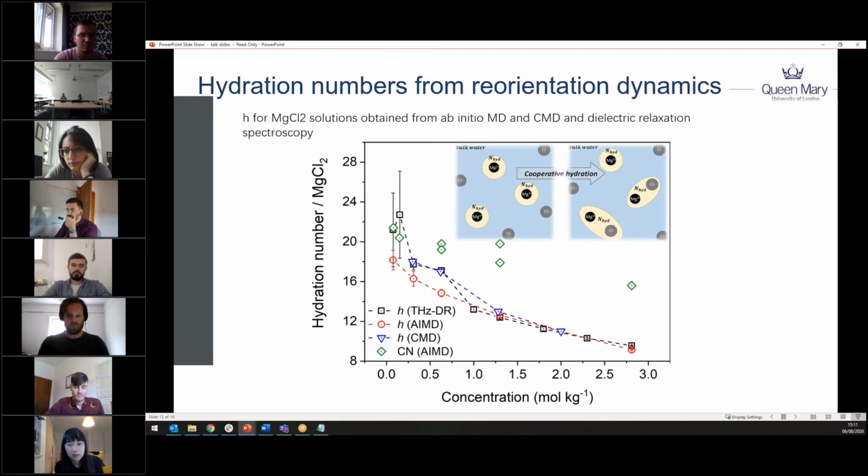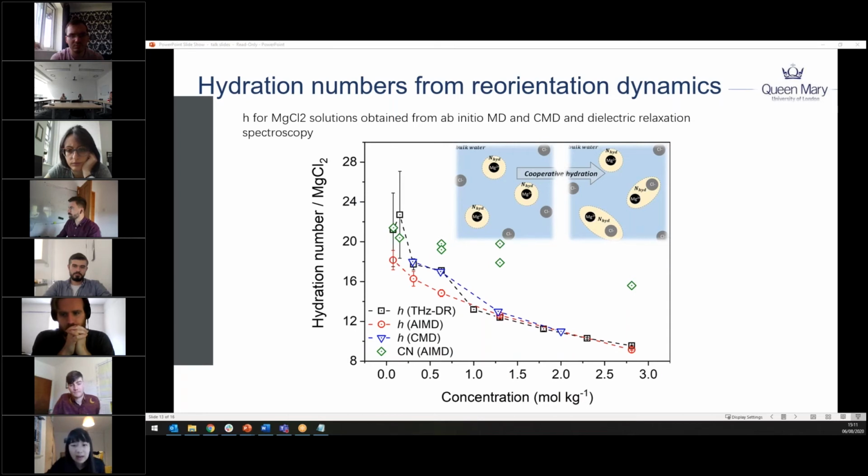Using this method, we got all the H values at different concentrations from the ab initio molecular dynamics and the classical molecular dynamics, and we can compare this H with the H that we got from the experiment, terahertz relaxation spectroscopy.